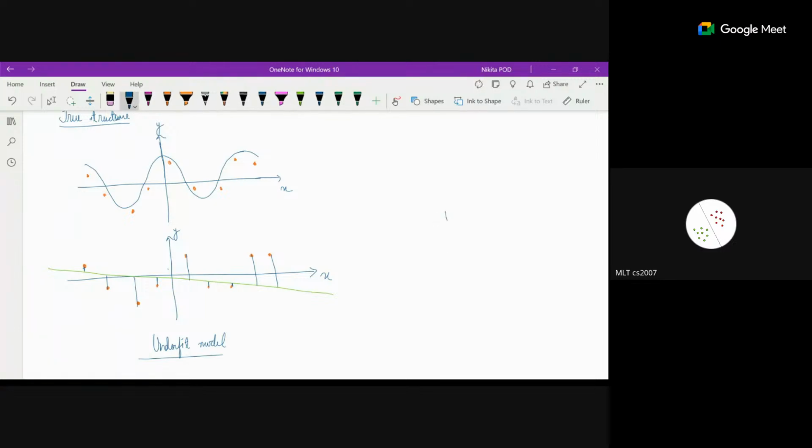Then another thing that can happen is when you overfit. Let's say you observe the same data set. So you have X here, you have Y here, and you have this data set. Okay. Now for the same data set, maybe I can fit a higher degree polynomial, and maybe it can go like this.